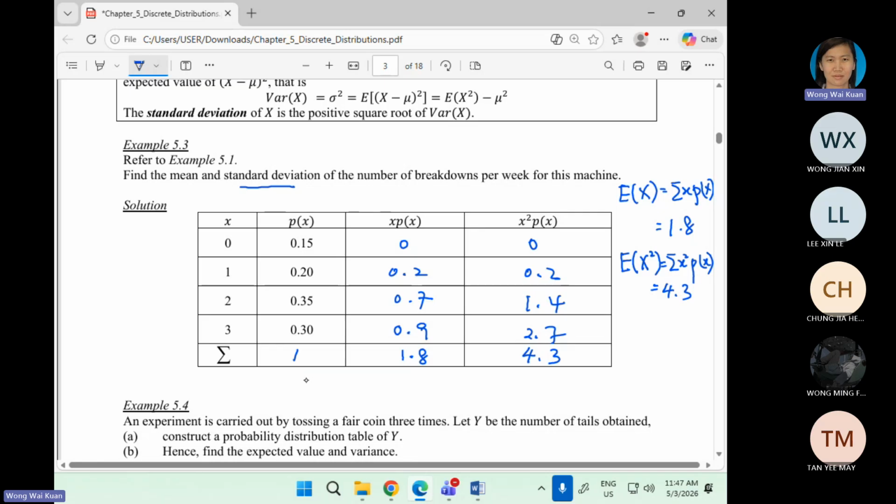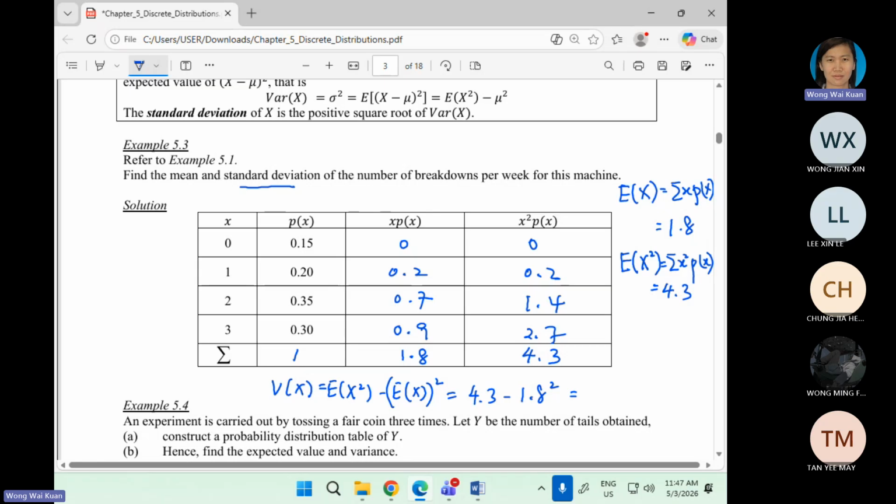Then I can find the variance of x. Variance of x is E of x squared minus (E of x) squared. So I have 4.3 minus 1.8 squared.